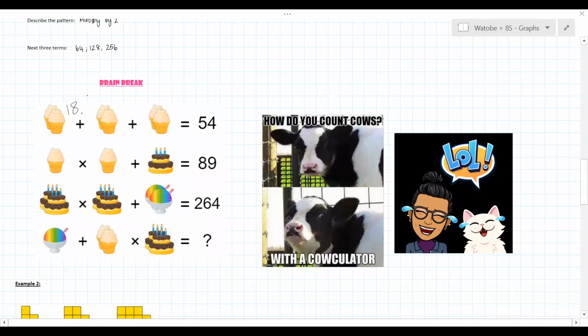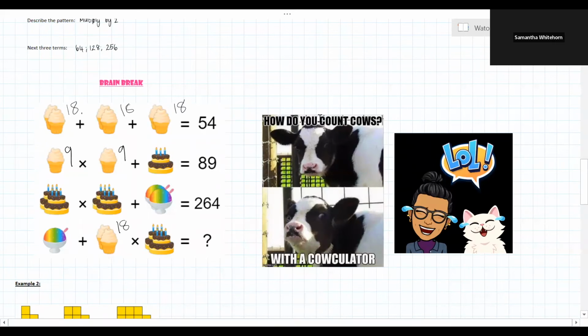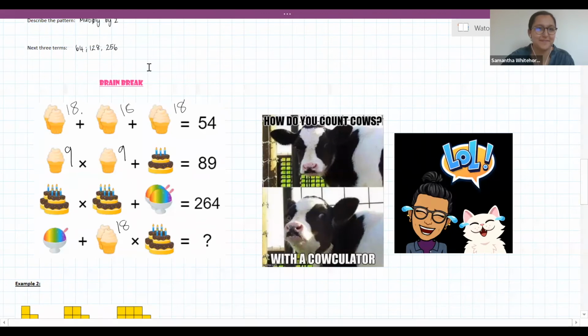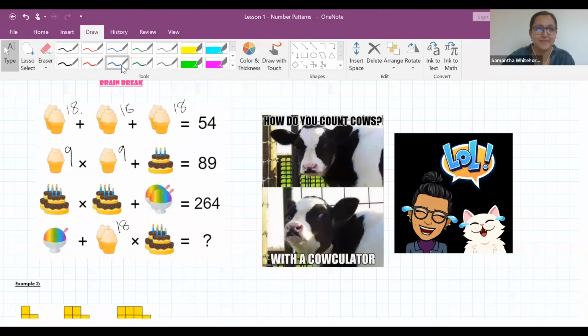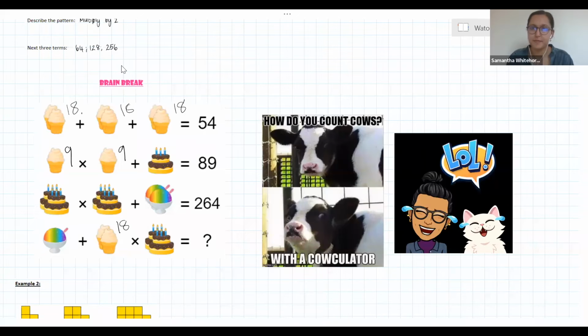Noku, I'm coming to you. Noku, on your side. Oh, Noku disappeared. Noku, did you disappear? Ayanda, would you like to help us about the cakes or the ice cream? Well, the scoop ice cream, not the other ice cream. Yes, can you help, ma'am? Yes, ma'am. So the cake, if I'm not mistaken, it will be 8. Okay, so how did you get the cake? Would you like to explain to us why you think it's 8?